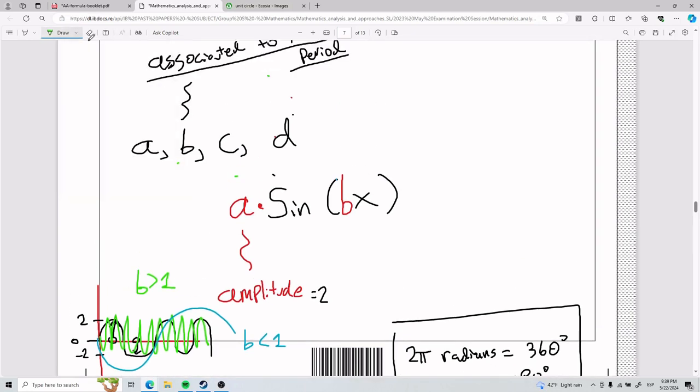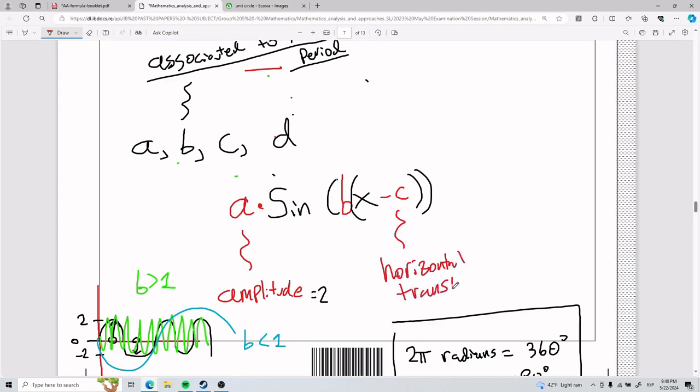What else? So c, technically, would be something like this. C, I don't see it show up too often, I'll be honest. But technically C is something that is adding or subtracting inside, and is what we're going to call a horizontal translation. How can you memorize this more easily?